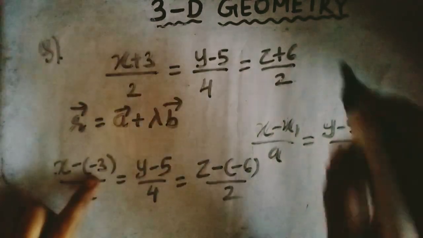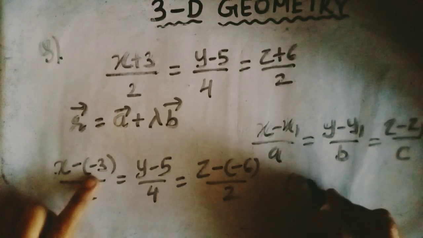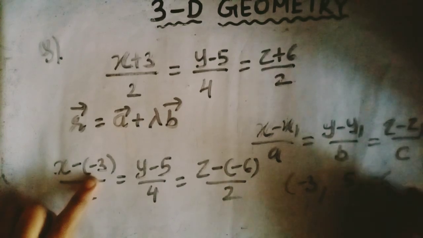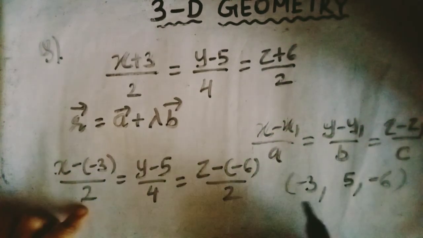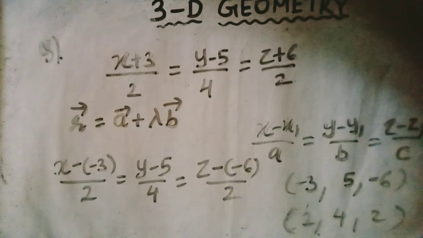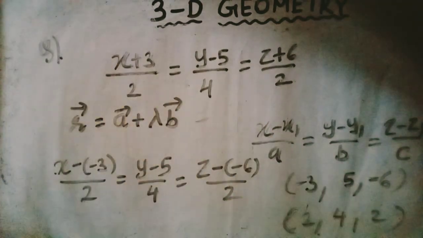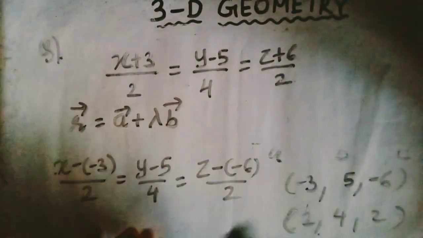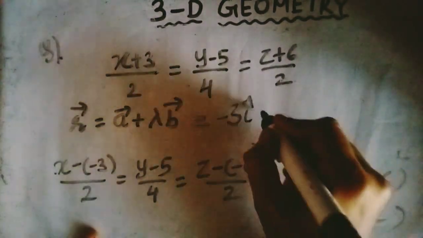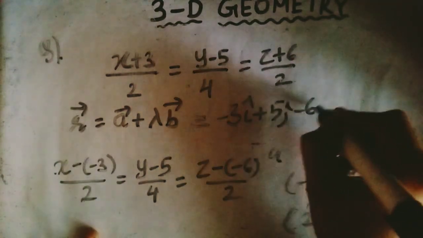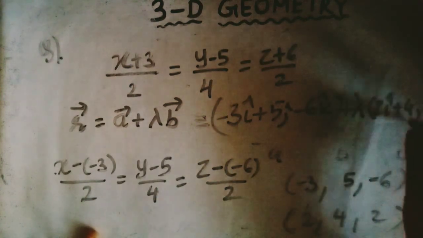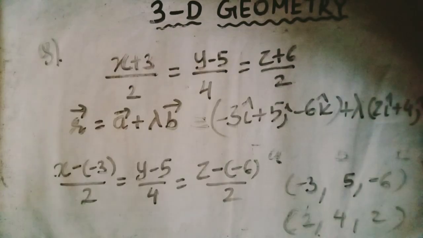So these points, minus 3, 5 and minus 6, become your A vector, and 2, 4 and 2 become your B vector. So your vector equation is minus 3i plus 5j minus 6k plus lambda (2i plus 4j plus 2k).